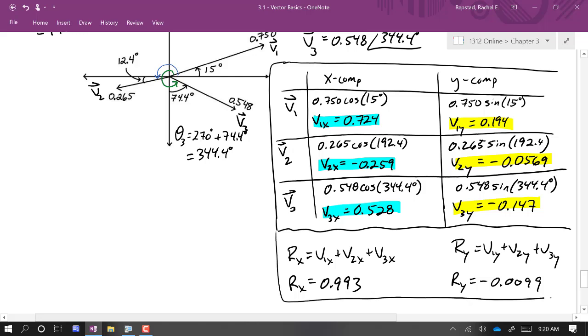Alright, so now we have our components. The rest of this will go like the last example did.